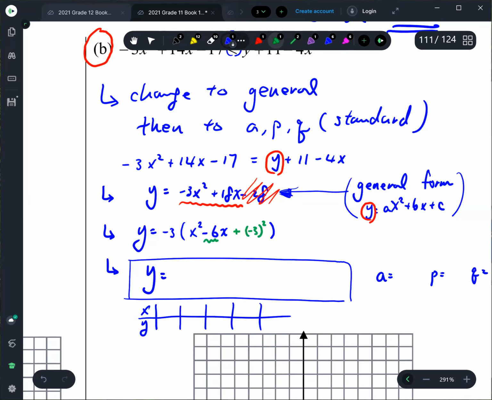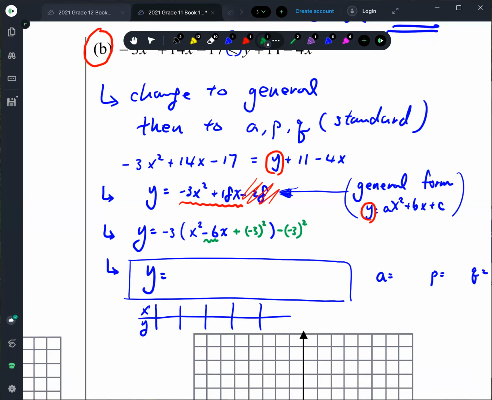I'm pretty sure you had to add something back in. You have to subtract, not add. You need to subtract the green part, okay? So subtract the -3 again. Minus -3 squared. Yeah, and then now is it minus or plus?